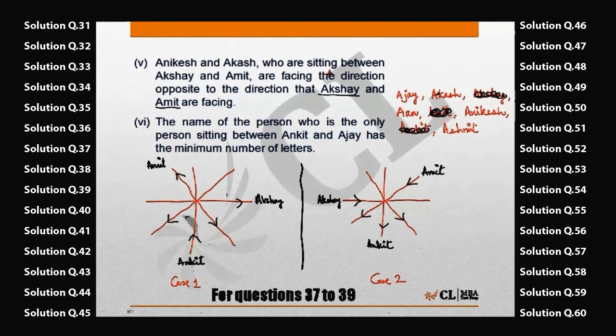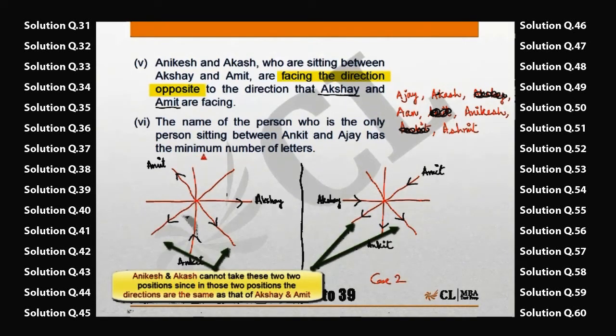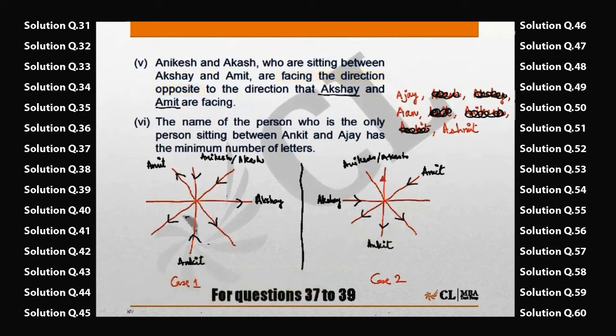So these two positions would be for Anikesh and Akash, and they are facing the direction opposite. In this case, they will be facing inside. In this case, they will be facing outside.